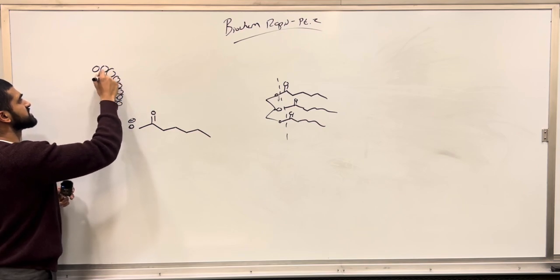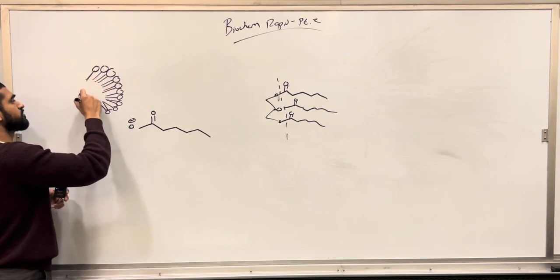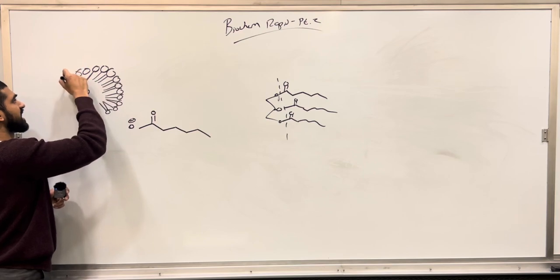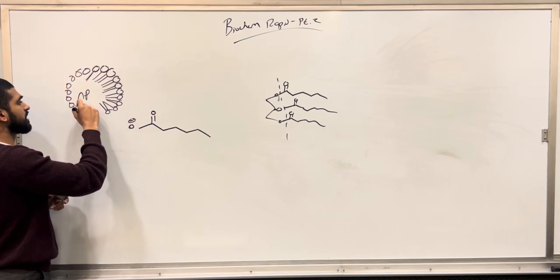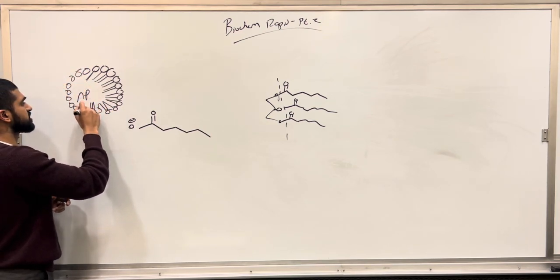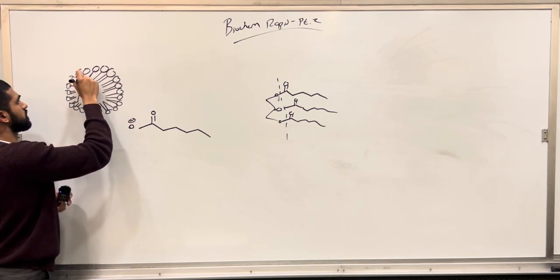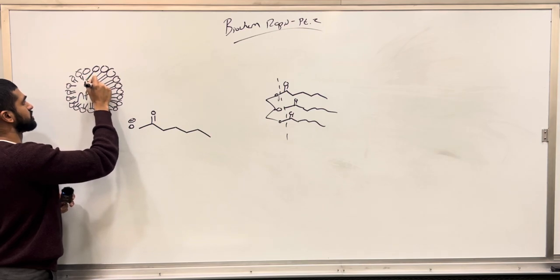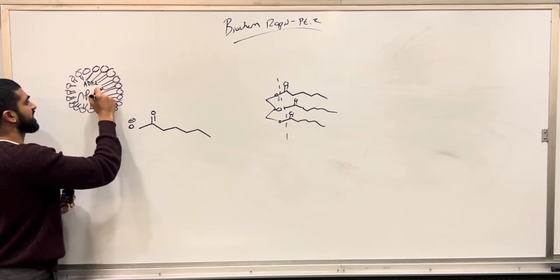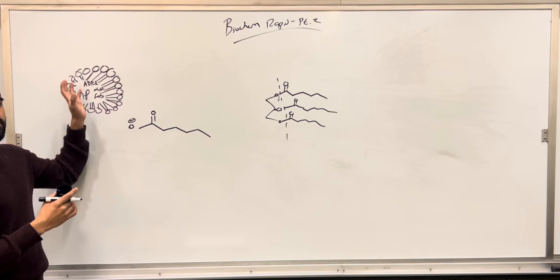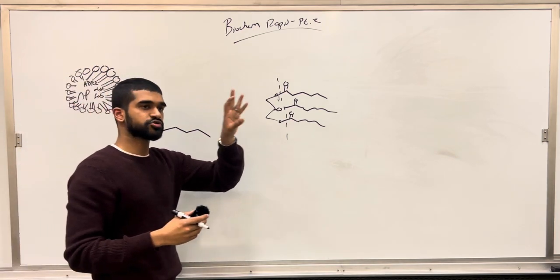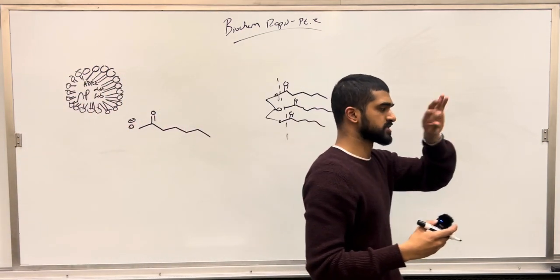And what this does is it allows for a non-polar environment to be made inside of the micelle. And what does that allow for? It allows for the absorption of things like, what did I say before? ADEK, cholesterol, and fats.